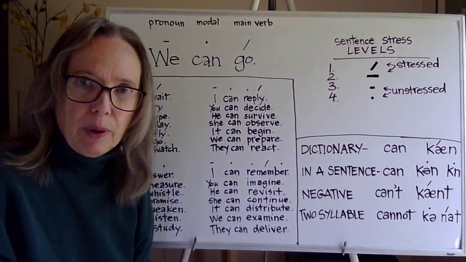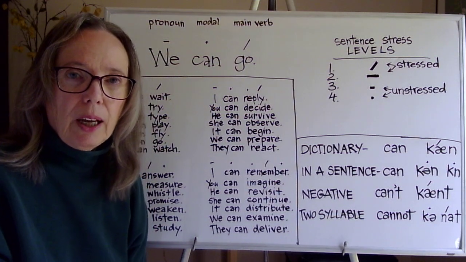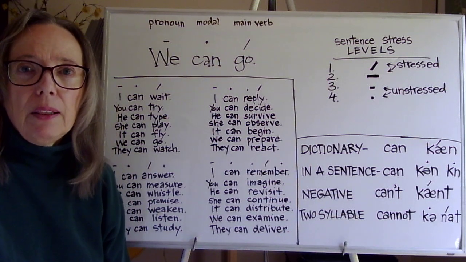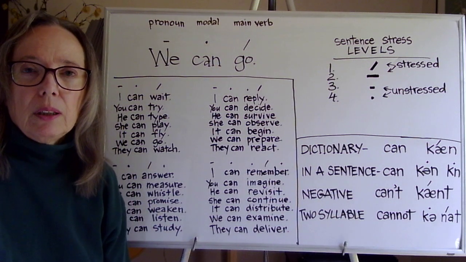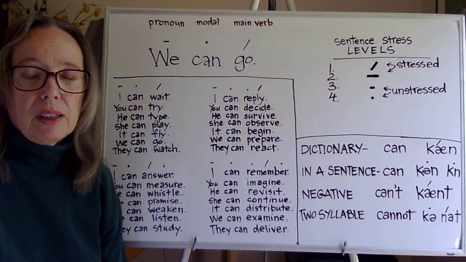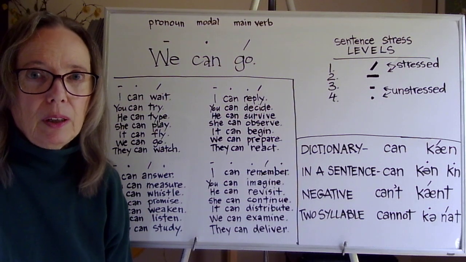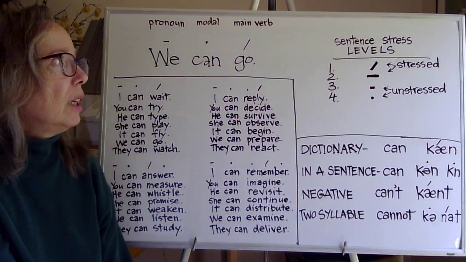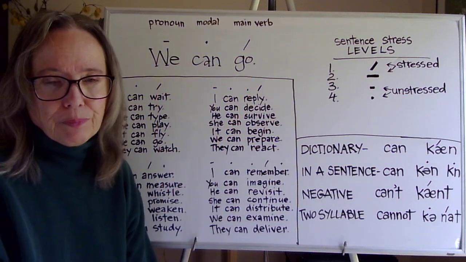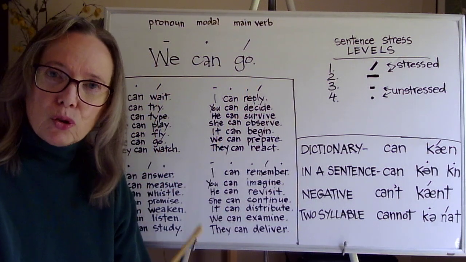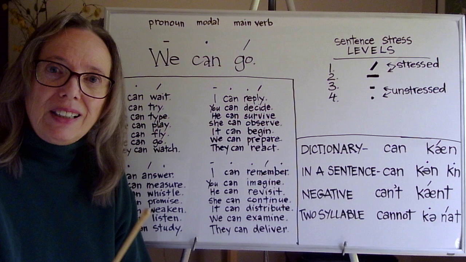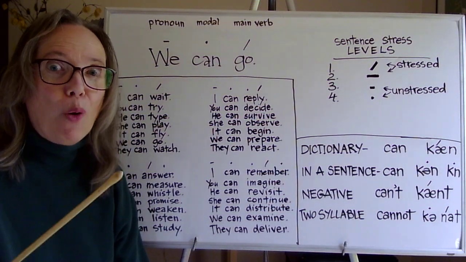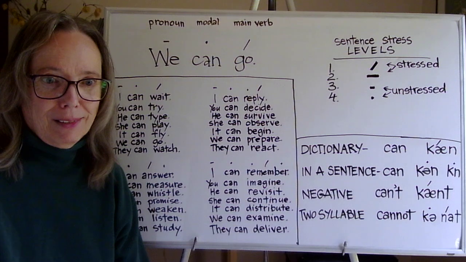Now, sometimes the main verb will have more than one syllable. And in that verb, the primary syllable will get the strong stress. Also, in any sentence, of the stressed words, the last stressed word will get a little more stress.